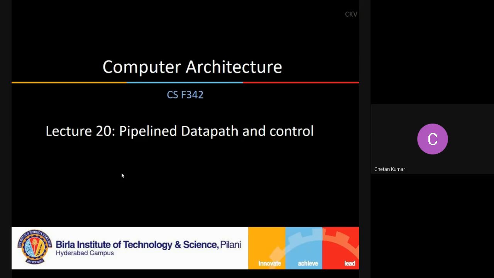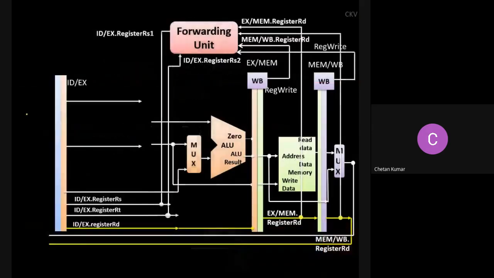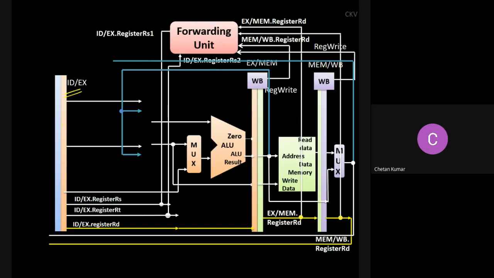So we'll just touch upon that and then we'll move on to today's topic. We were discussing the input of EX stage. After this ID/EX register, you will be adding a multiplexer. Specifically, a 3:1 multiplexer, and one of the inputs is directly from the register file.